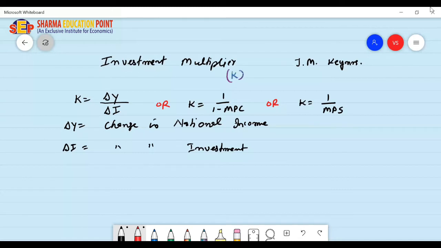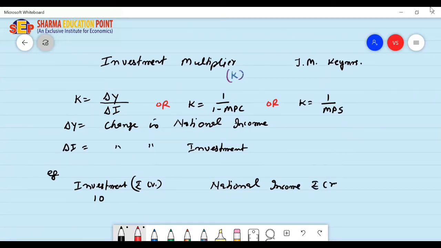For example, suppose your investment was, in rupees crore, 10 and your national income in rupees crores, let's say, was 100.